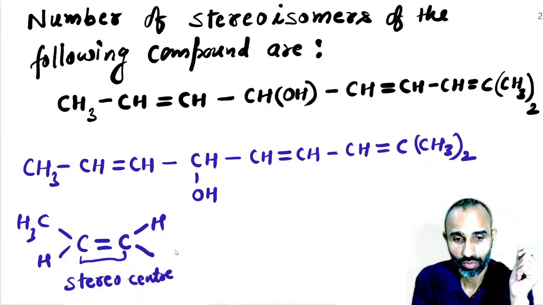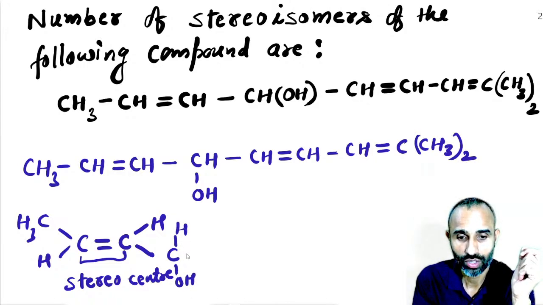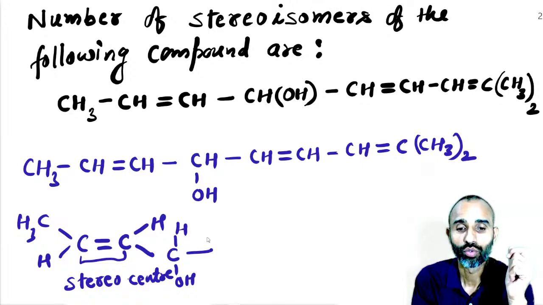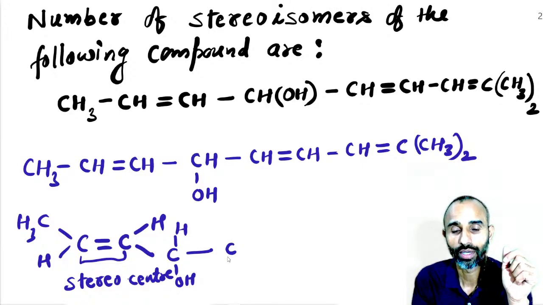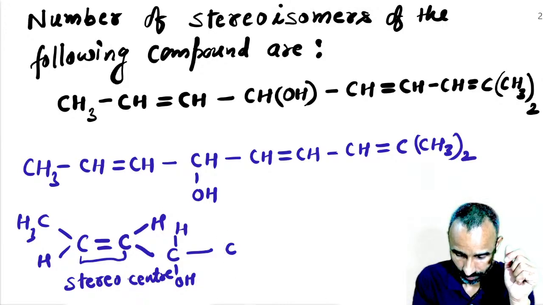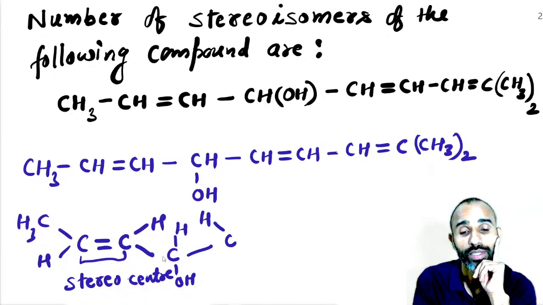Now come to next. It is carbon attached to H, OH. So again carbon attached to hydrogen. So this is chiral carbon.